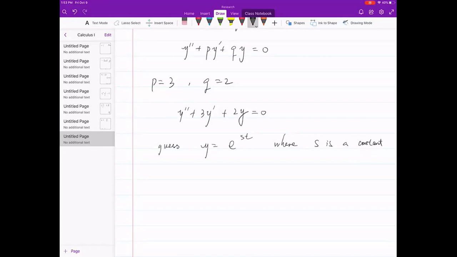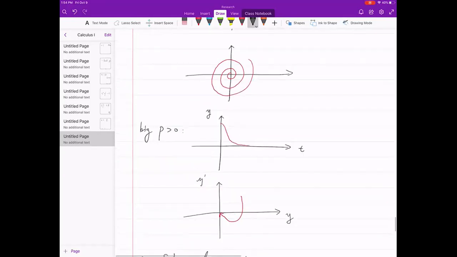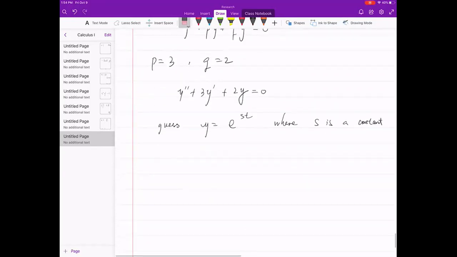Why do we guess so? Well, by this graph, this looks like exponential. So I'm going to guess it's exponential. And for exponential, I just need to know the rate. Still okay? Now to finish, we just need to find S. If we know S is 2, period, done.